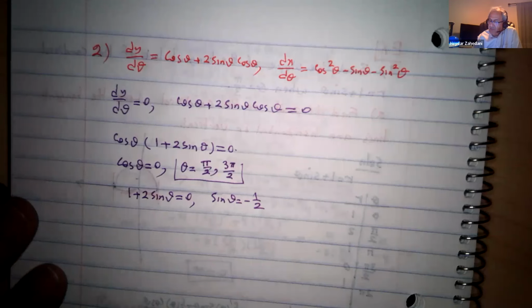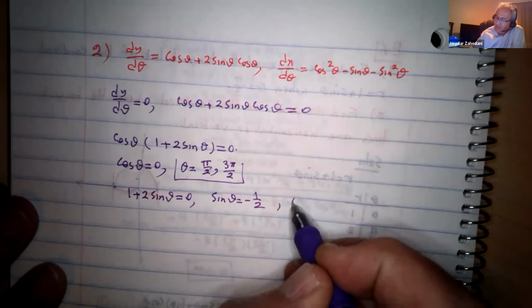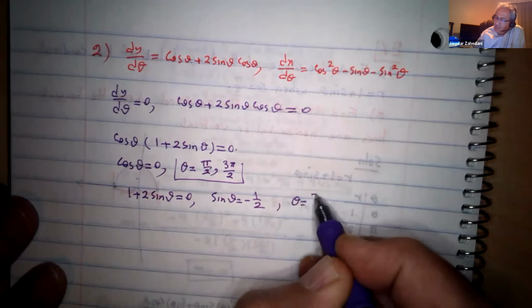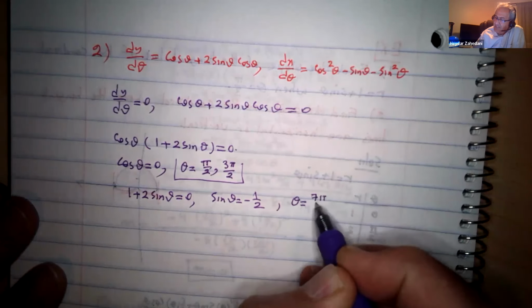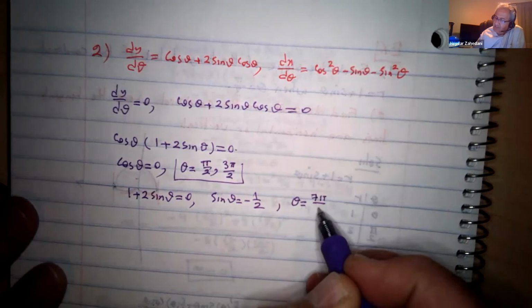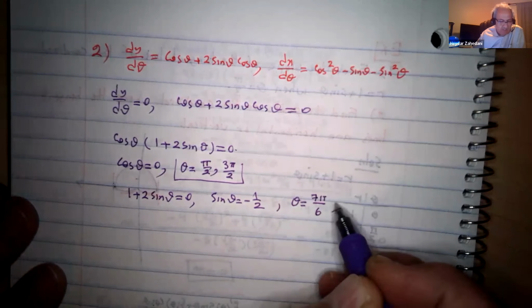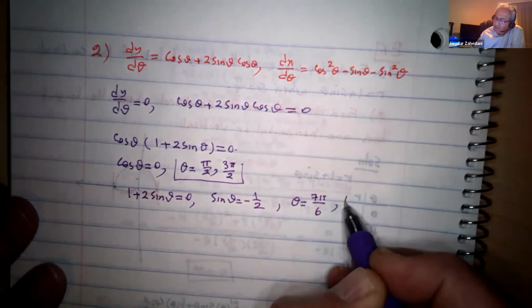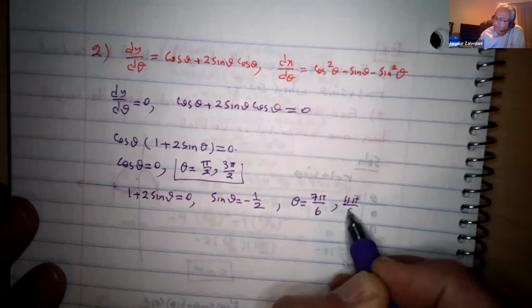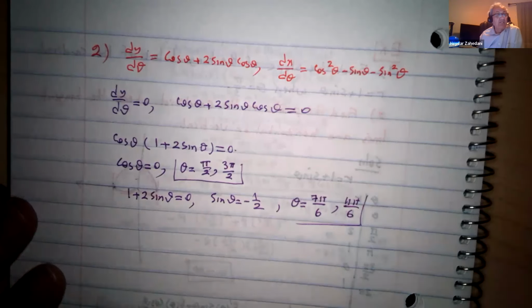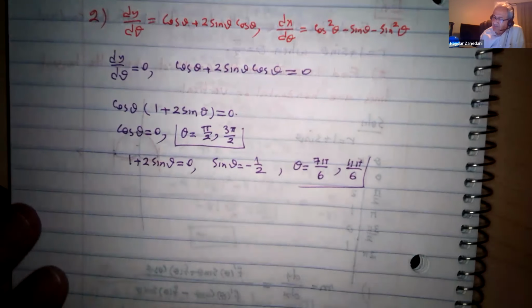The positive one is 30 degrees, so in the third quadrant it's at 210 and 330. So θ is 210, which is 7pi/6, and 330 degrees, which is 11pi/6.